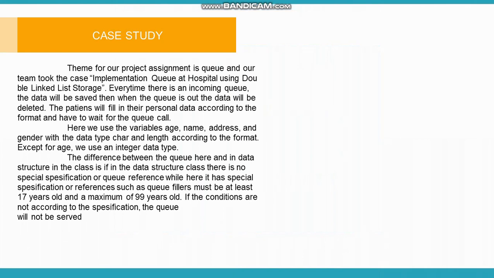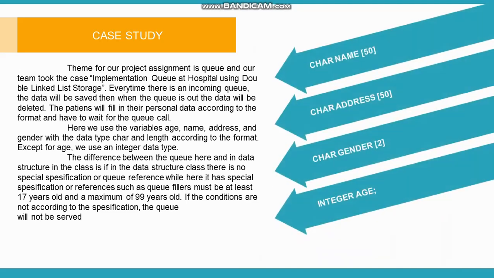Then when the queue is out, the data will be deleted. The patients will fill in their personal data according to the format and have to wait for the queue call. Here we use the variables age, name, address, and gender with data type char and length according to the format, except for age, where we use an integer data type.